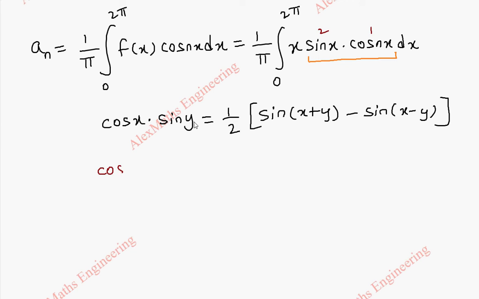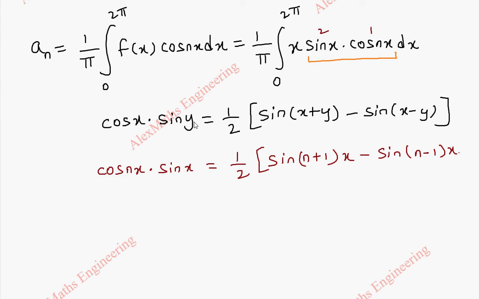So when I have cos nx into sin x, this becomes half sine of, when I add nx plus x, it will become n plus 1 x. When I subtract, it becomes n minus 1 x. I have taken the x common in both.